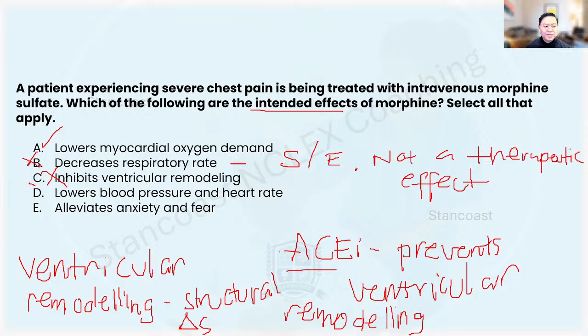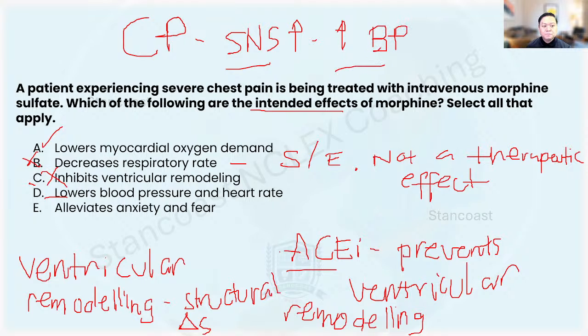Okay, what about letter D? Lowers blood pressure and heart rate. Let's take a look. Is this going to be a therapeutic effect? Yes, because when the patient is having chest pain, let me write down CP, then it can stimulate the sympathetic nervous system, SNS stimulation, which can lead to increasing blood pressure, right?